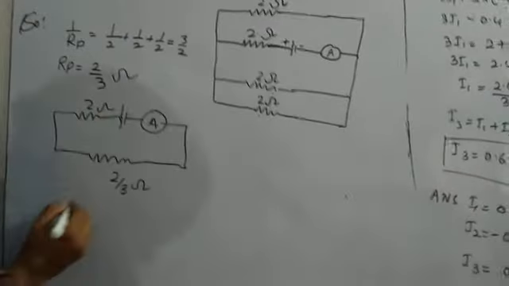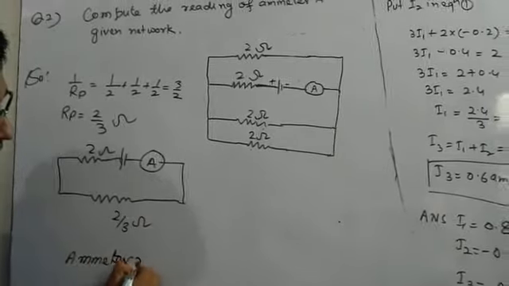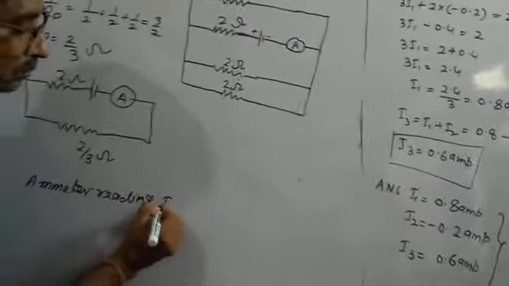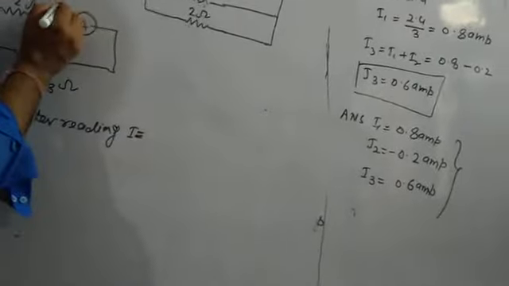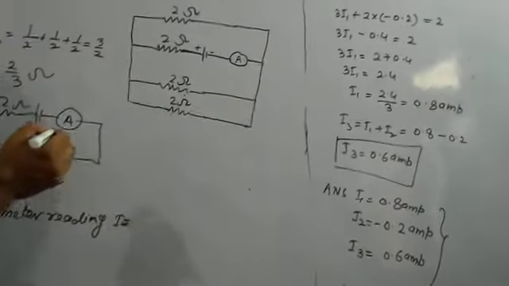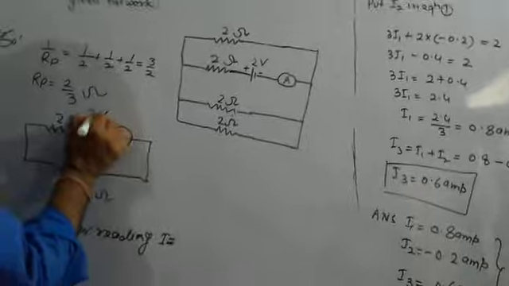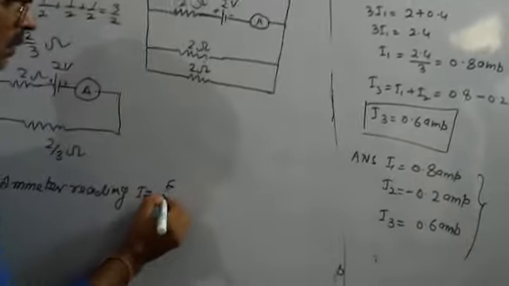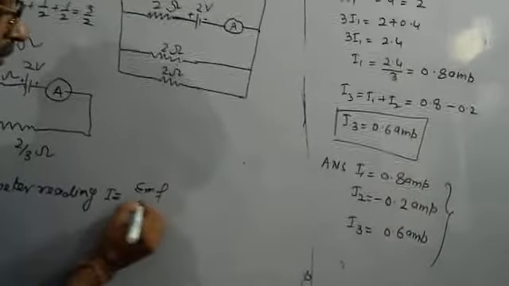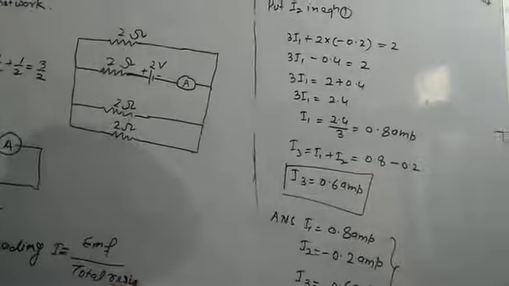Now the ammeter reading: I equals EMF upon total resistance.